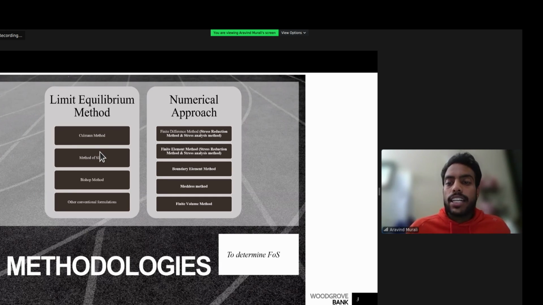This is where numerical modeling came into the scene, which uses the concept of the stress reduction method to solve boundary value problems. There are many methods like the finite difference method, finite element method, boundary element method, meshless method, and finite volume method. In this term paper, I'll be concentrating on the finite element method.